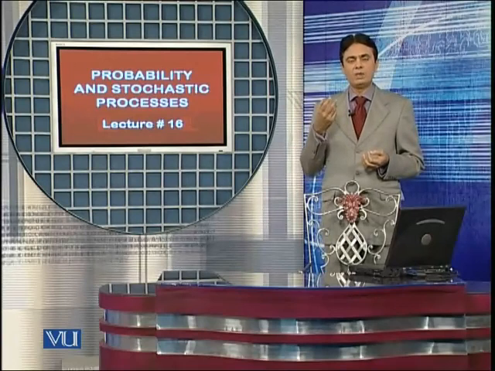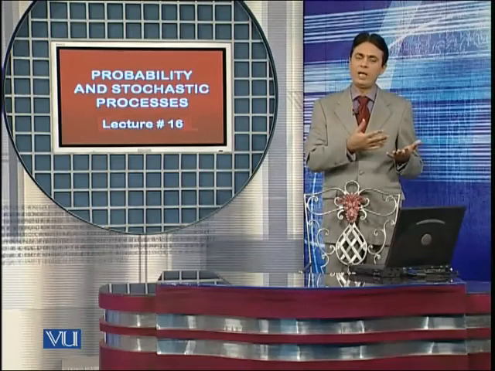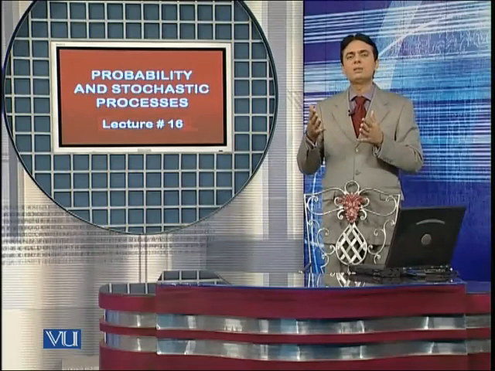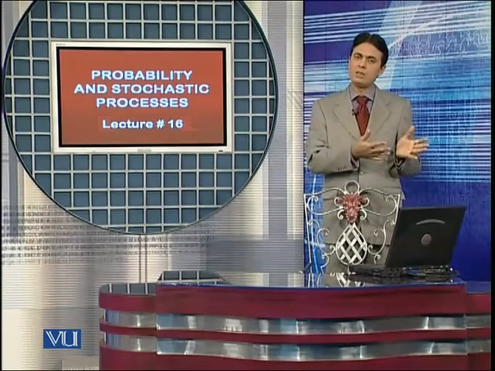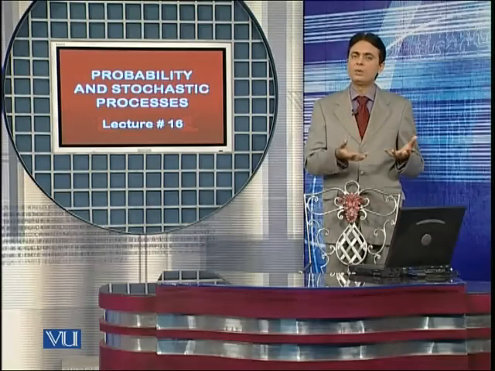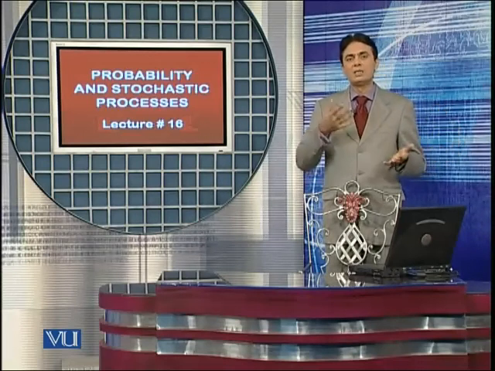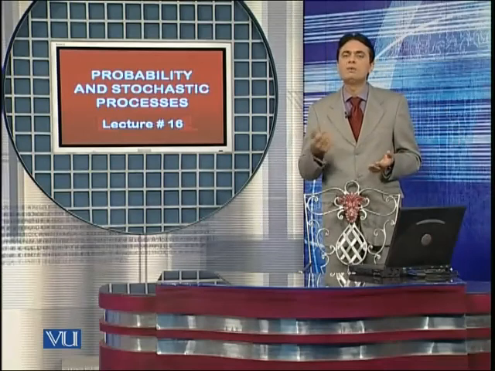So if you have a random variable X which has a mean value mu_X, you use a random variable Y which is X minus mu_X, and this random variable Y is zero mean, and you take second, third, fourth moments of this random variable Y, and they represent central moments of random variable X.